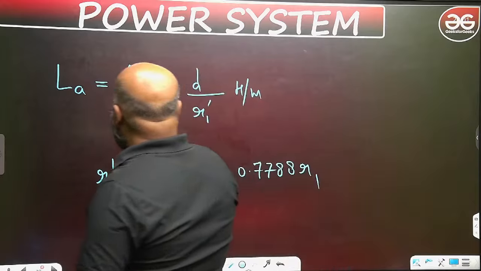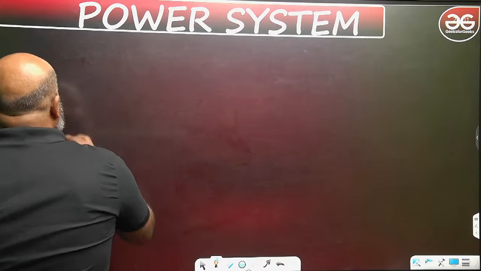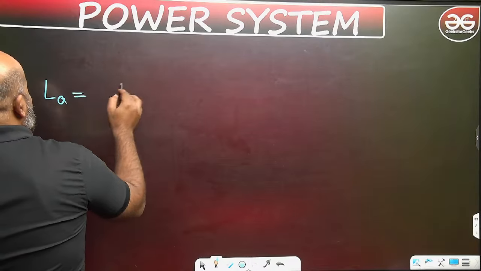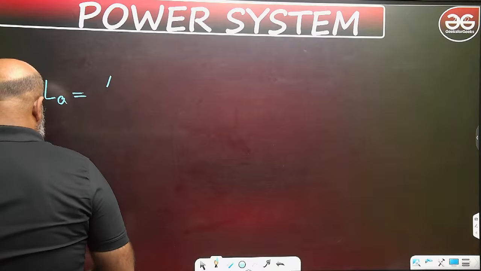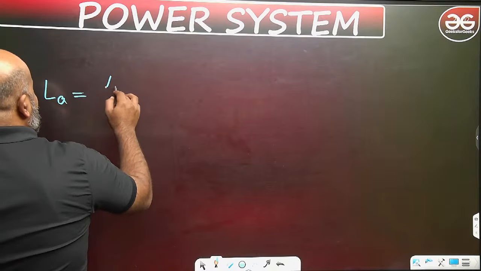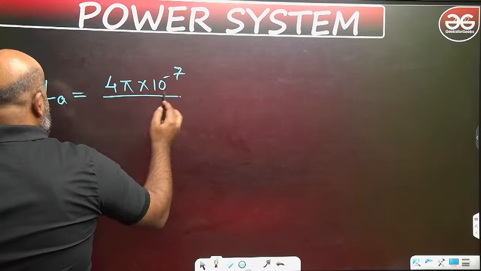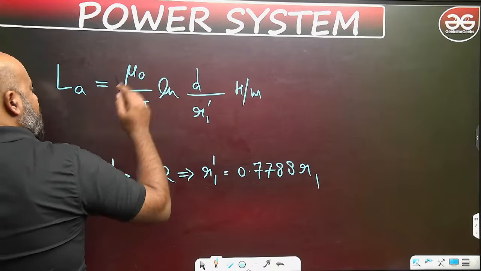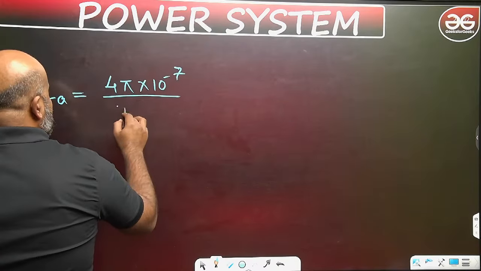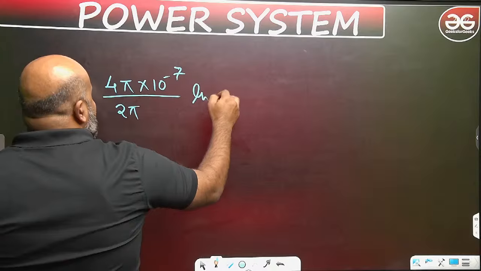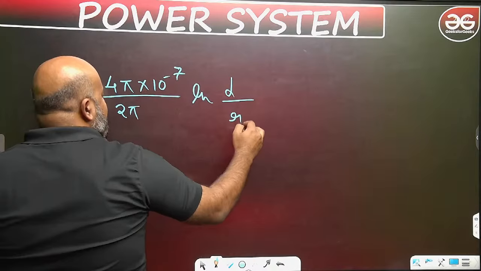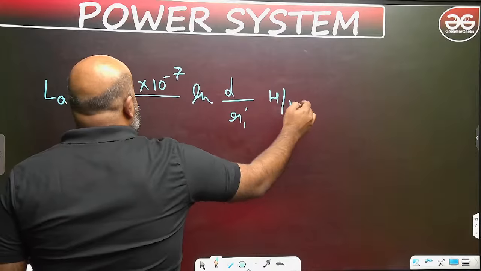Let us put in the value of mu naught upon 2 pi. Mu naught is 4 pi into 10 to the power minus 7, divided by 2 pi, times ln d upon r1 dash, Henry per meter.